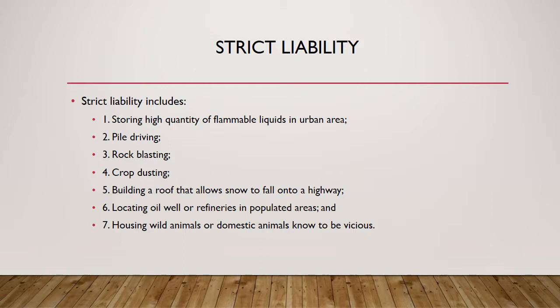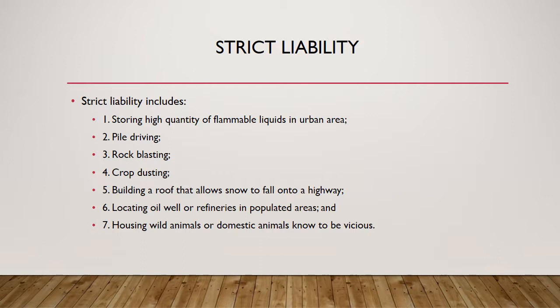So these are examples in which courts have found there to be strict liability because these are ultra hazardous activities. If you're engaging in one of these activities or something else that could be classified as ultra hazardous, then there's going to be strict liability, regardless of what efforts you take to protect or warn against the harm.